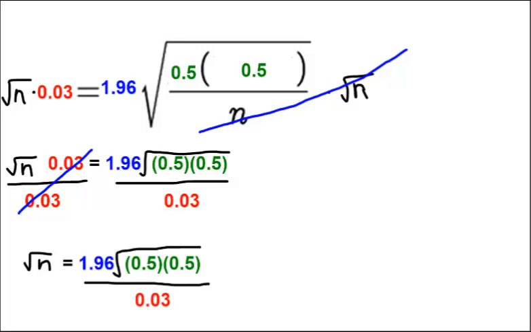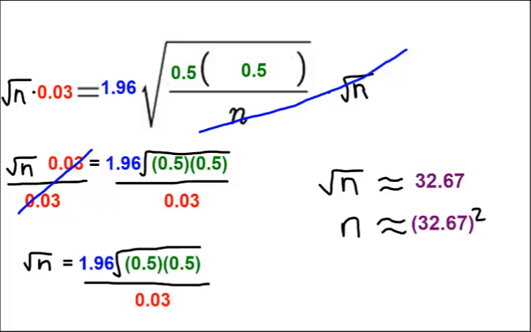If you use your calculator and calculate what's on the right, we get the square root of n is roughly 32.67. To get rid of the square root, we square both sides, and our answer is 1067.1.